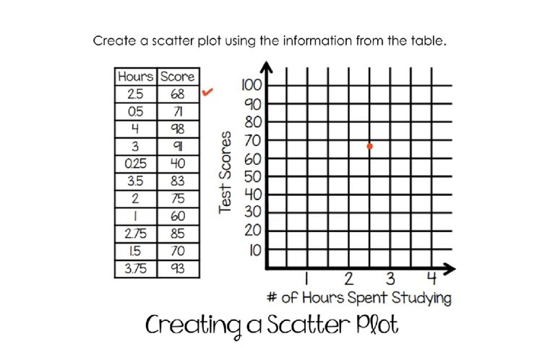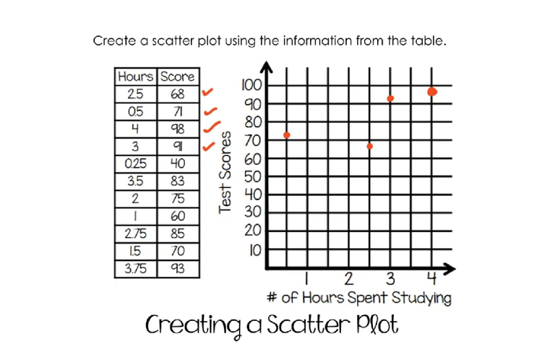I might mark it off as I do it. So then I have 0.5 to 71, 4 to 98, 3 to 91, 0.25 to 40.